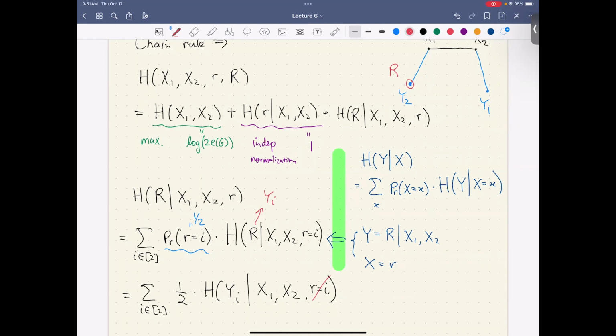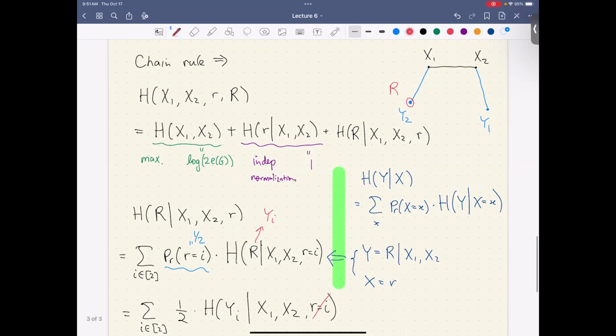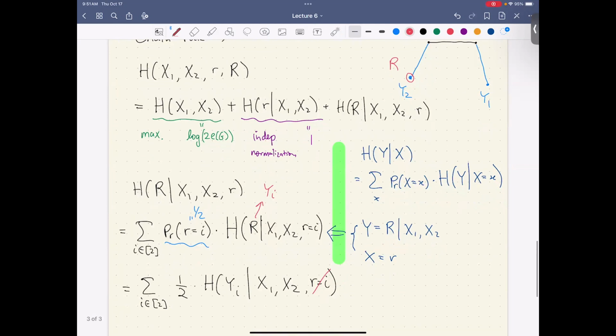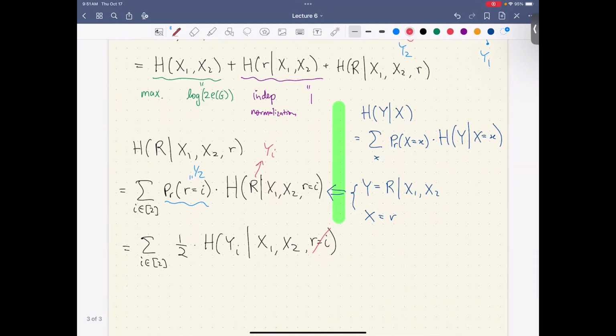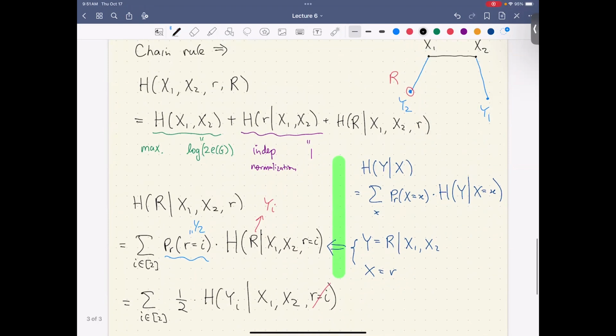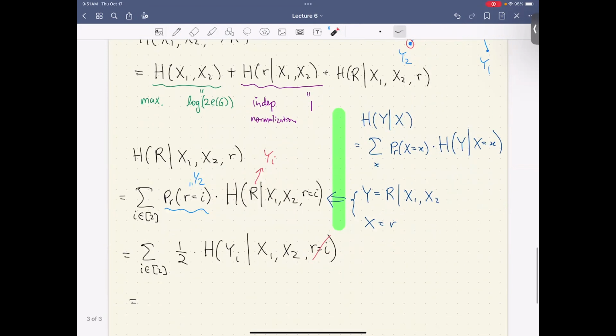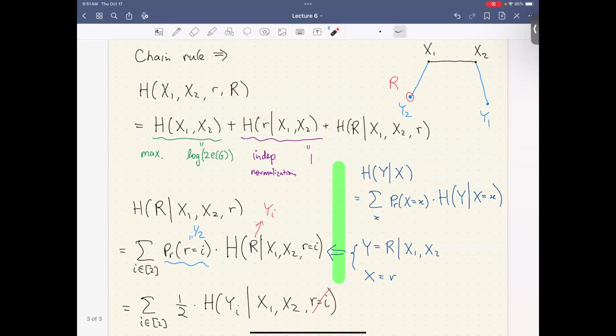Okay, good. We can actually drop this now. Why can we drop this? Because how we sample yi has nothing to do with little r. They are independent. So we can drop this guy. And furthermore, how we sample yi conditioned on the other x is independent of xi.